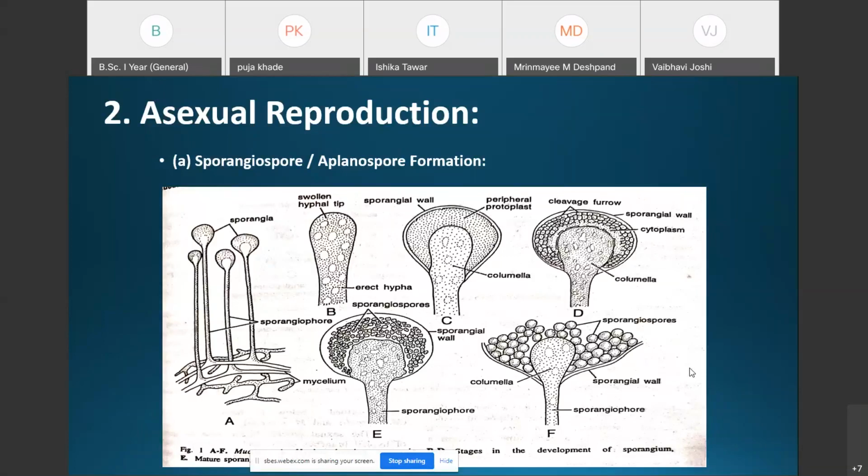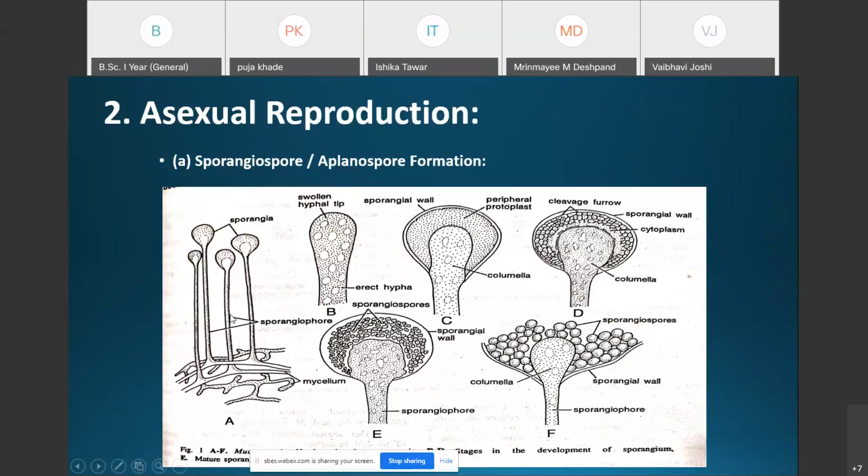First of all, in this photograph we are going to discuss asexual reproduction by the formation of sporangiospores or aplanospores. Here you can see the mycelium of Mucor, the prostrate hyphae, and the erect hyphae, which are also referred to as aerial hyphae.